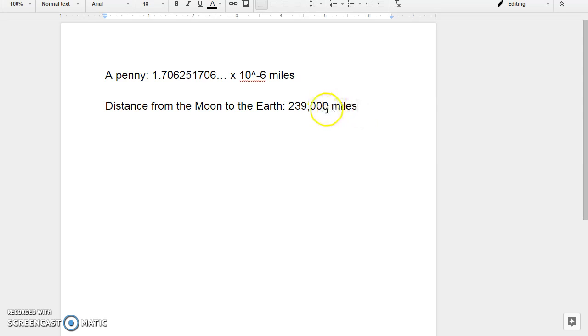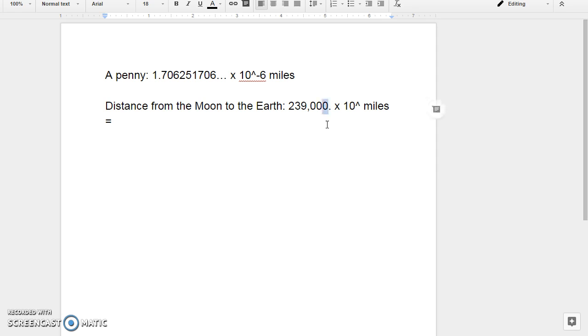First thing is you have to change it to proper scientific form. The decimal point, we move over to the left, which is adding the exponent to the base 10.